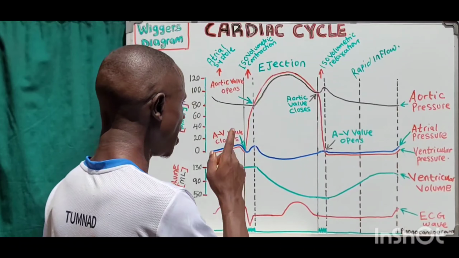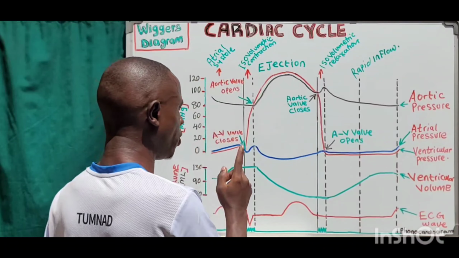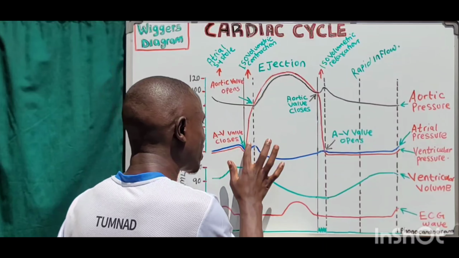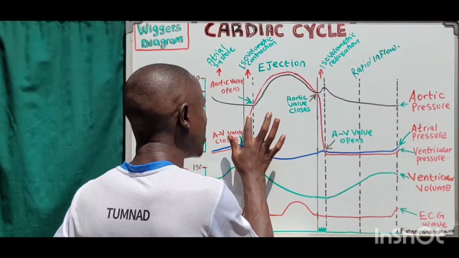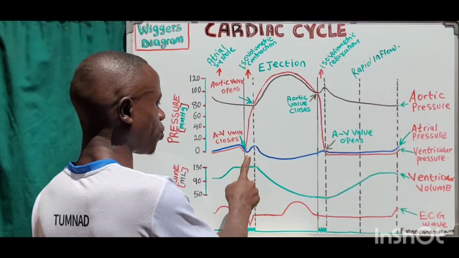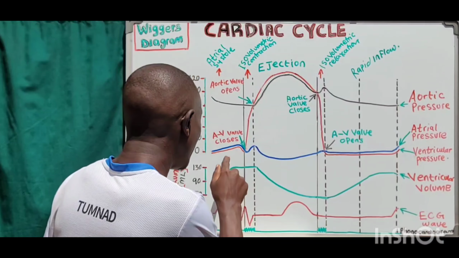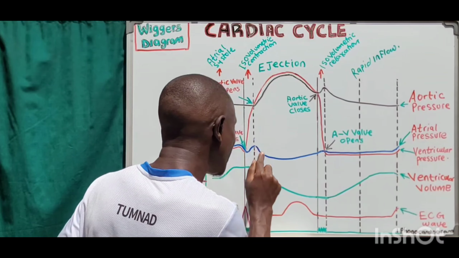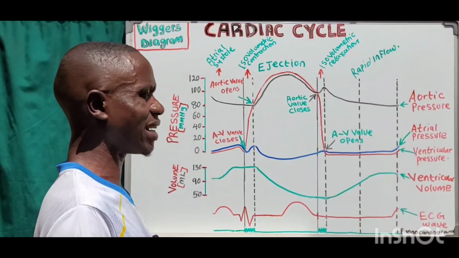Now, something which is so beautiful is that here, as the ventricles are contracting, we are seeing a very sharp rise in the pressures compared to the atria. Before we go very far, there is this slight rise of the atrial pressure. You see this slight rise in the atrial pressure, sometimes denoted as the C wave.